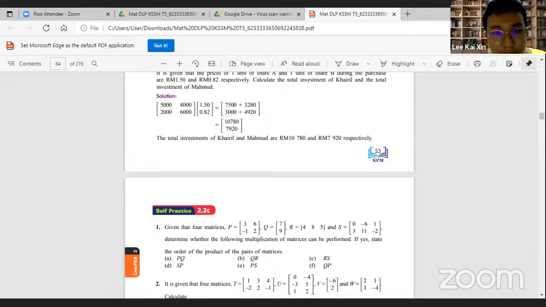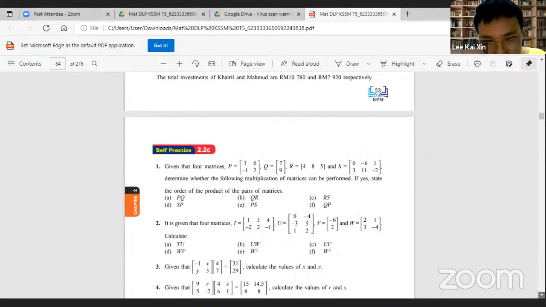So actually, do you all have any other questions on the multiplication of two matrices? If no, I think that's all for today.